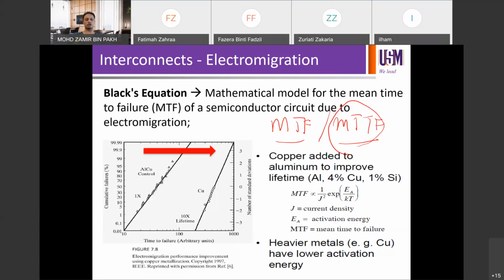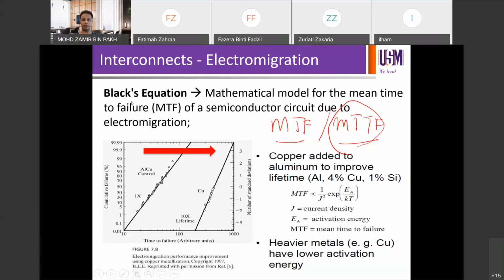And if you switch to copper completely, your MTTF is going to increase. It's going to move to the right. So the lifetime is more or less 10 times better than Al-Cu interconnects.